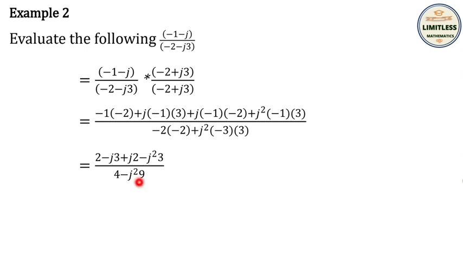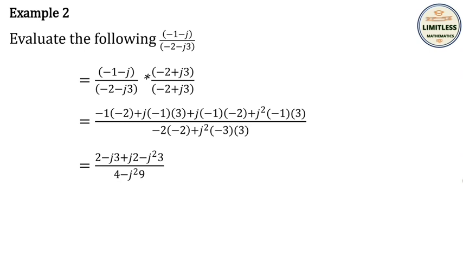So what we notice is this is nothing but +2, then this and that is nothing but -j3, which is this one, -j3. Then negative times negative is +2, -1 times -2 is +2 times j is 2j. Then this is -1 times 3, which is -3 times j square.